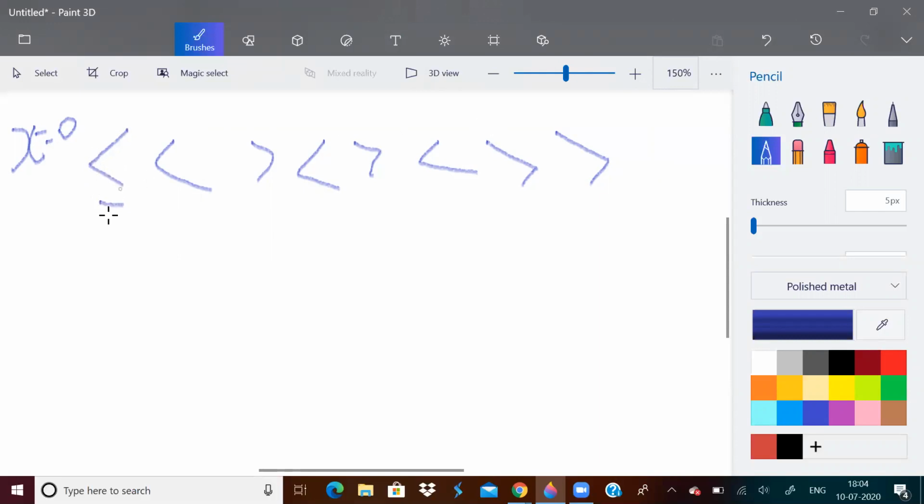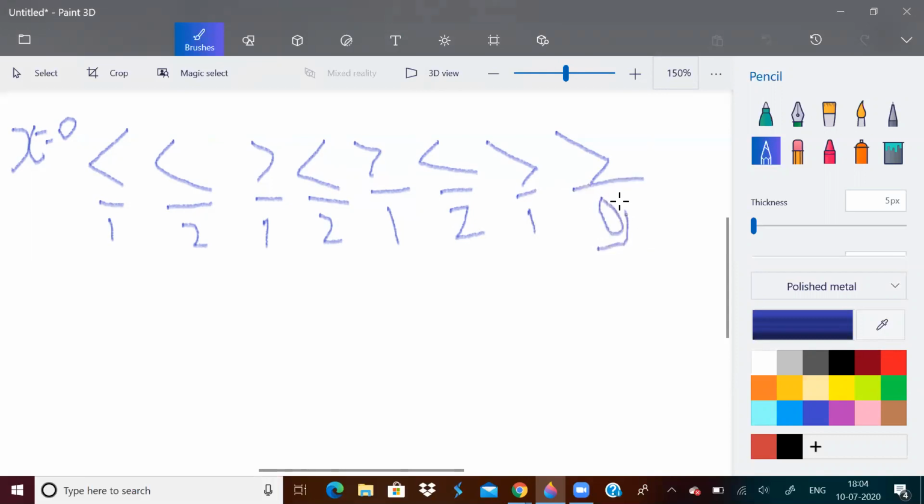We get less than symbol, so x plus plus, less than symbol, x plus plus, greater than symbol, x minus minus, less than symbol, x plus plus, x minus minus, x plus plus, x minus minus, and x minus minus.